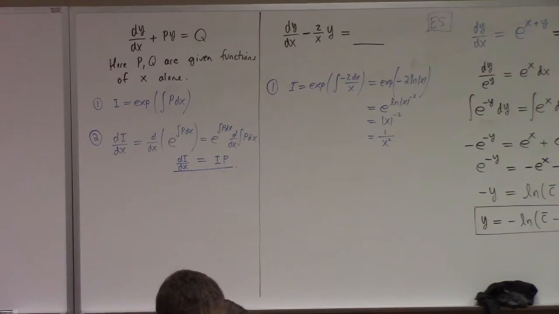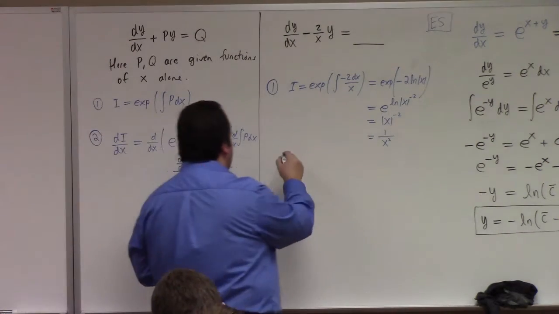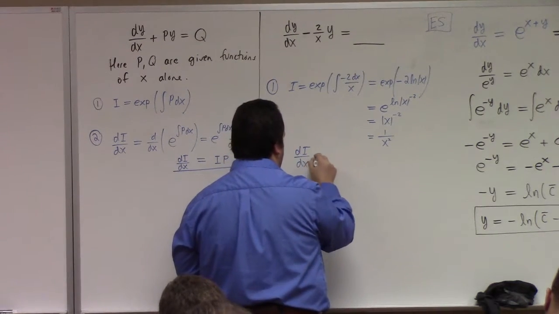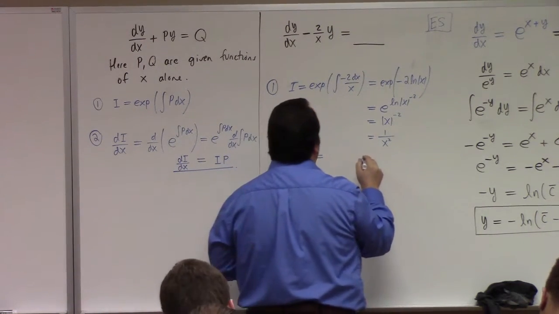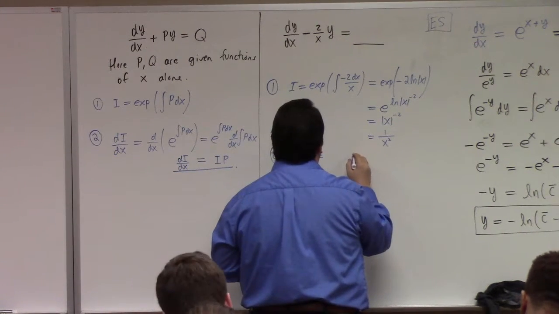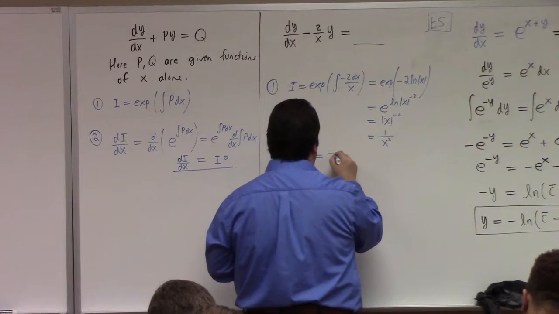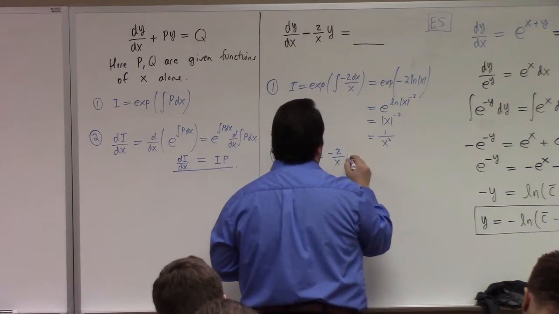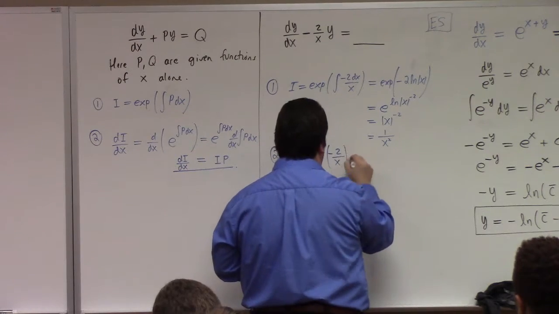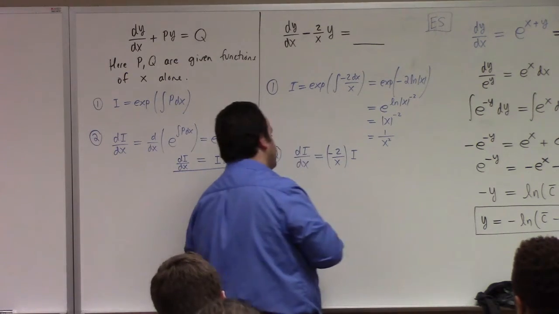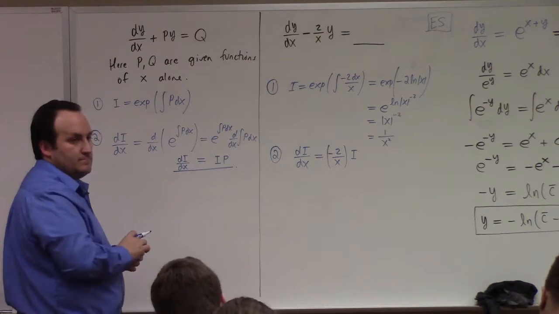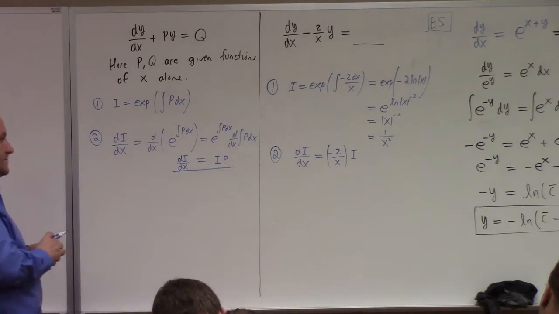And that is also true over here. You can check that dI/dx is what for us here? It's equal to, what was my p? Oh, it's minus 2 over x. It's minus 2 over x times I. That's also true here.